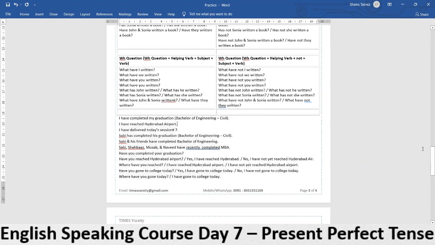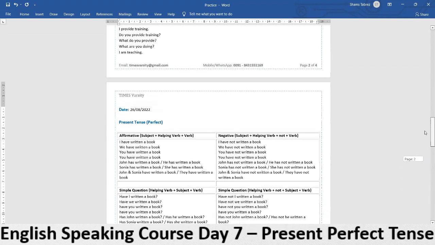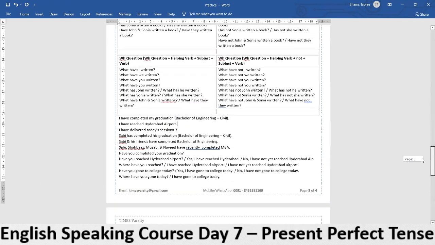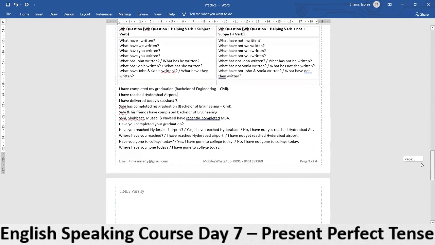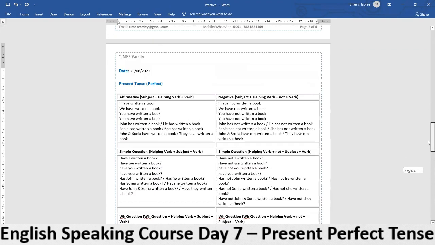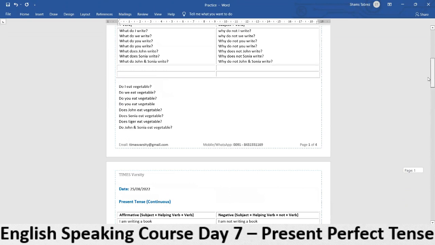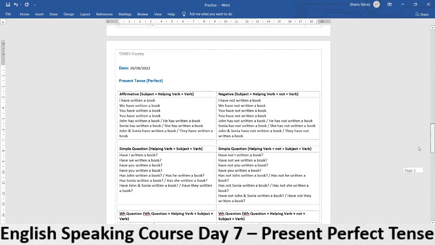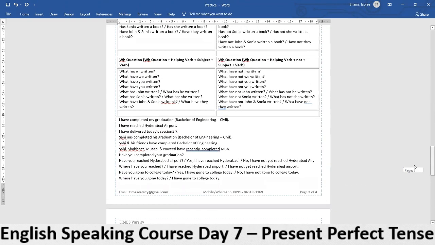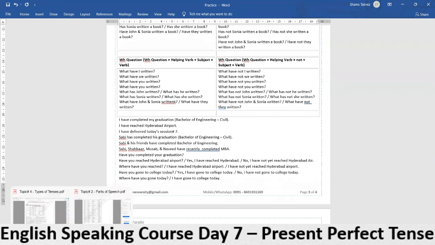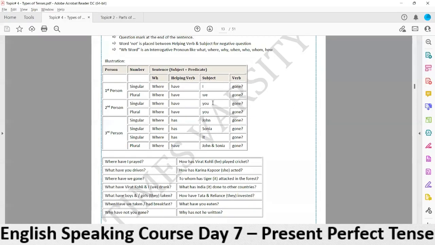Okay. So this is about present perfect tense, and this word file I'm going to share with you. Every day with these updates you will receive it, and what you need to do is try with different verbs. As you can see, the helping verb remains the same. In present perfect, you need to use the third form of the verb.